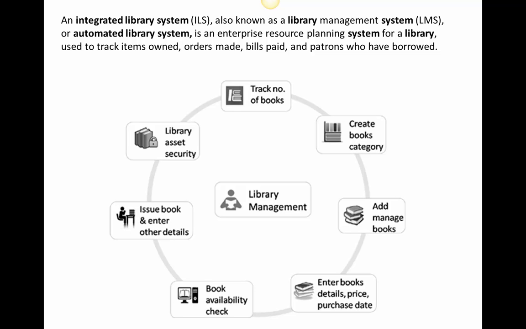So the traditional ones are the OPAC, the Online Public Access Catalog for the books, the circulation module, the acquisitions module that you use to track your purchases, the cataloging module to add in your holdings or your books, and there's also serials modules and reserve modules. There's a lot of different ways that library systems can grow.